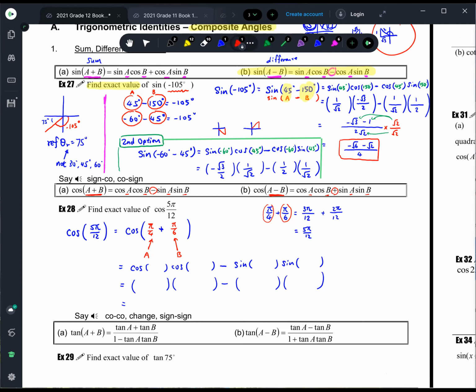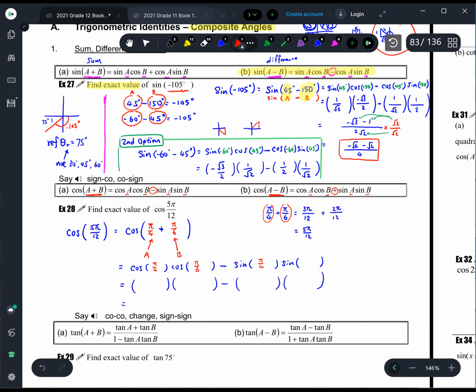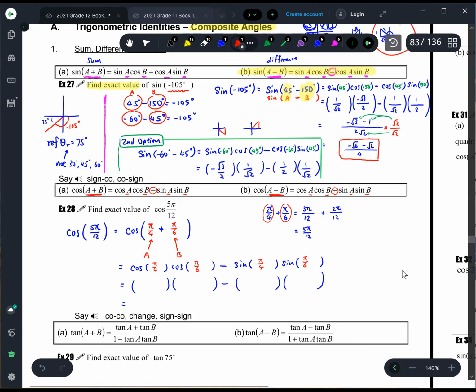So A is pi over 4, B is pi over 6. Find the exact value for each and raise your hand. You can continue to simplify and rationalize.